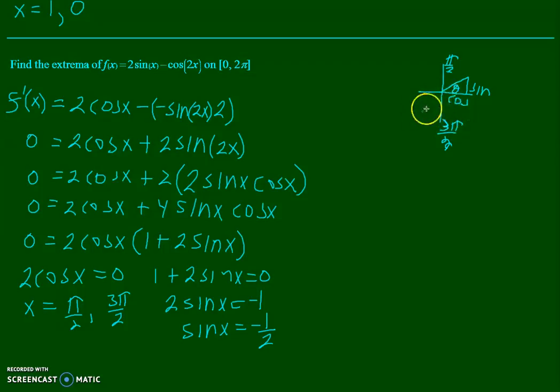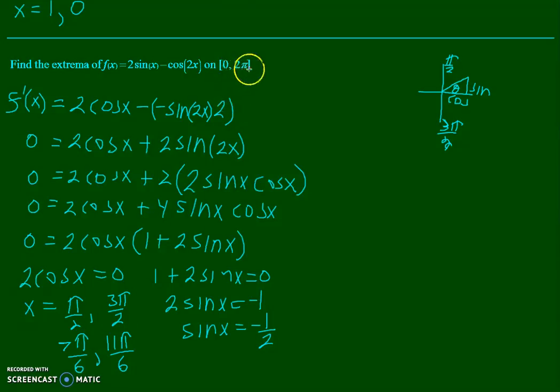And 1 half is going to be at pi over 6. So this is positive, sine is negative here. So it's going to be negative at 7 pi over 6, and it's going to be negative down here, which is 11 pi over 6. And so there are our test values.